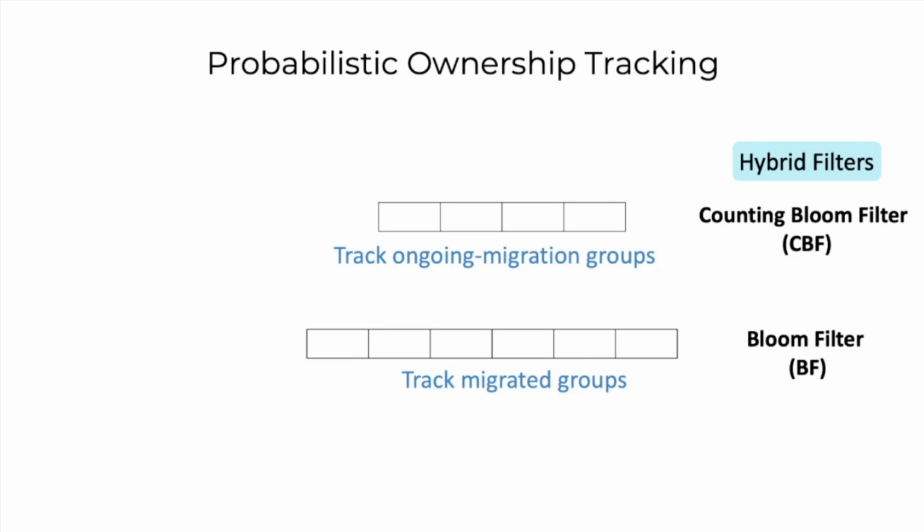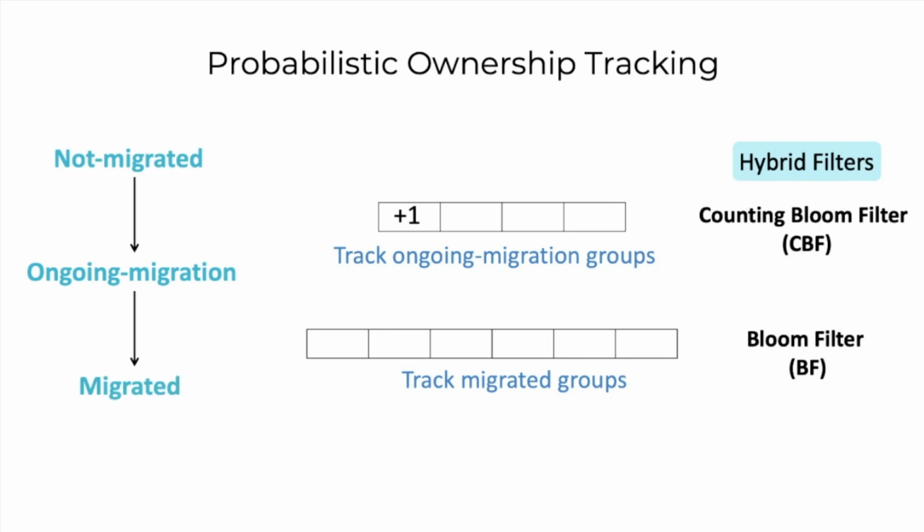And we use a Bloom filter to track the already migrated groups because once it's set to 1, there are no false negatives. From not migrated to the ongoing migration state, the CBF is increased by 1, indicating this group is ongoing migration. And from ongoing to migrated, the CBF is decreased by 1 and the BF is set to 1, indicating the group has finished migration.